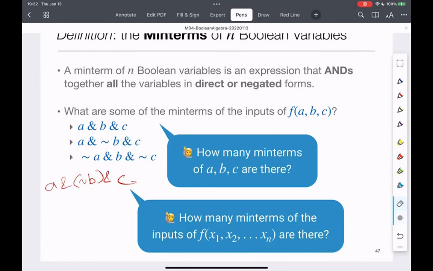Remember, in my truth table, one way we were writing a function was to look at the rows which were 1, take the minterms for those rows, and OR them together.